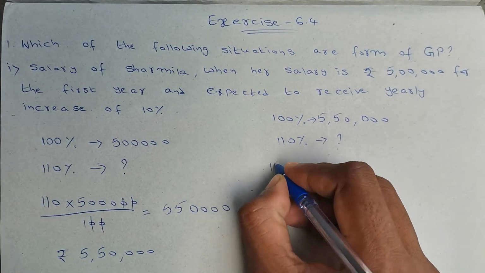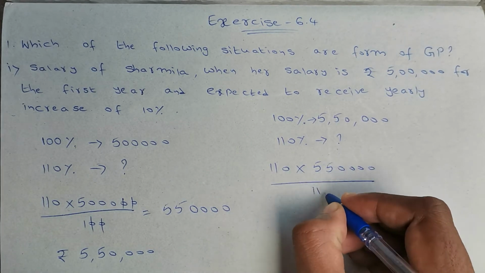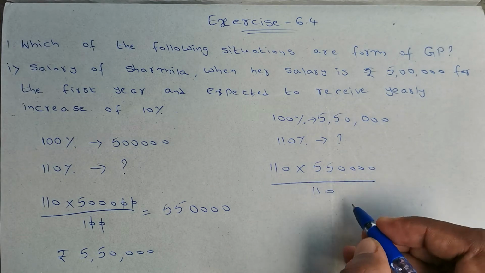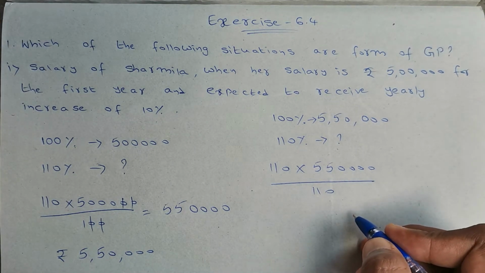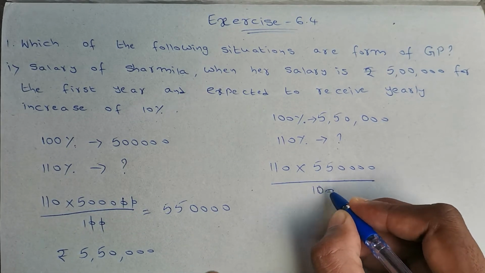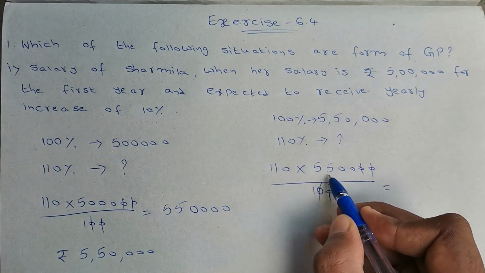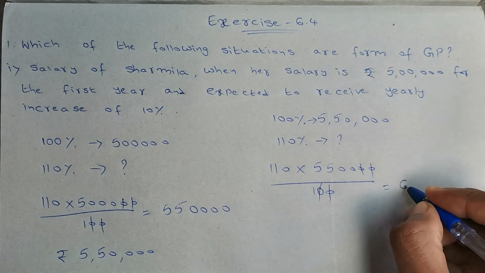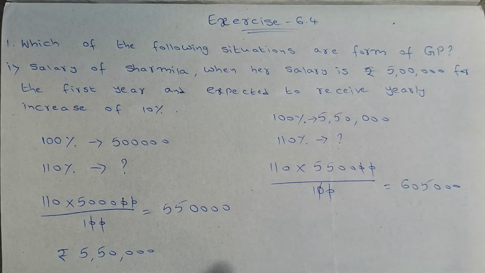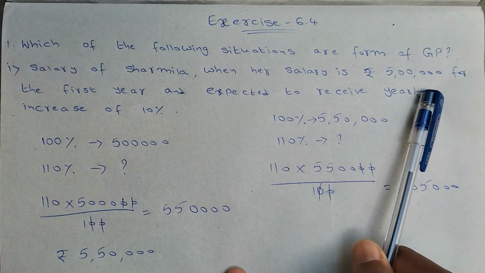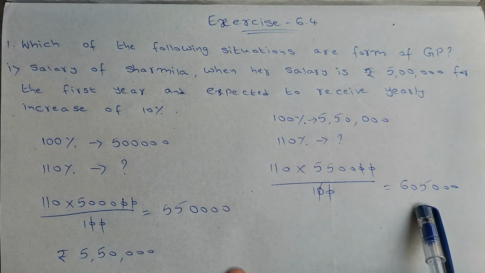Cross multiplication, 110 into 5,50,000 whole divided by 100. Here two zeros will get cancelled. So we remain with 11 into 55, 605. Here 1, 2, 3 zeros. So in the beginning 5 lakh rupees, after 1 year 5,50,000, then again after 1 year 6,05,000 rupees.